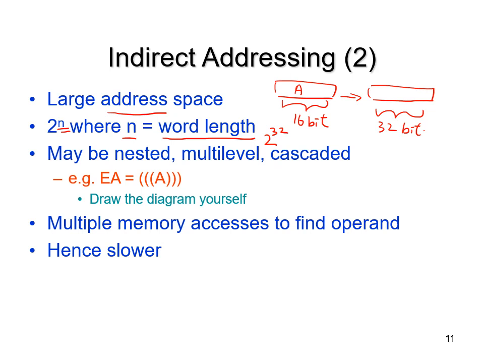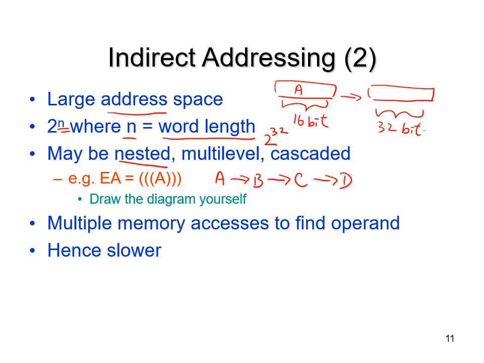Now we can apply the concept further, that you have multiple, nested or cascaded indirect addressing. For example, we have 3 brackets here. That means you are using A to access B. The content inside B is not real data. It further accesses C and further accesses D, for example.